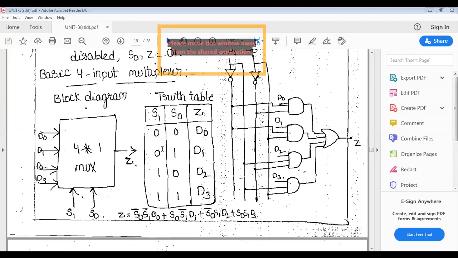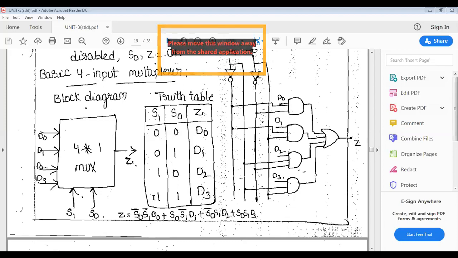S1 is a 0, so S1 bar and D1, plus the next option: S0 is 0 and S1 is 1. So S0 bar, S1, into D2.